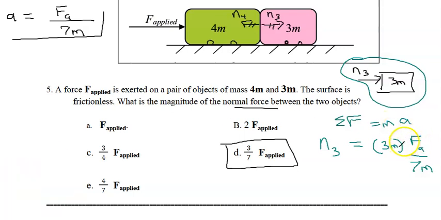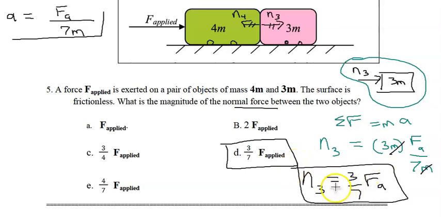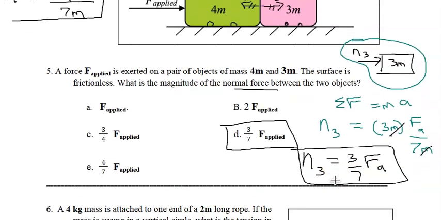And then the mass cancels, and we get that the N_3, which is the same as N_4 in magnitude, is 3/7 of the applied force. All right, hope that makes sense.